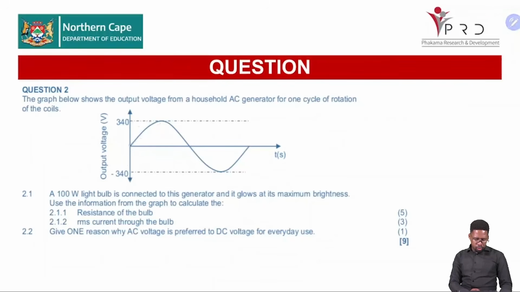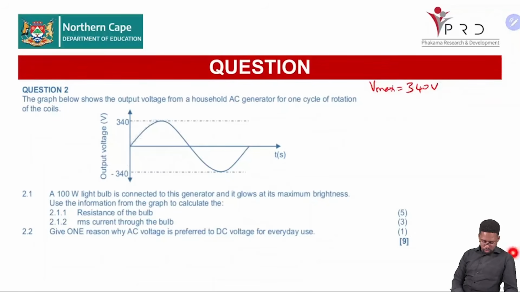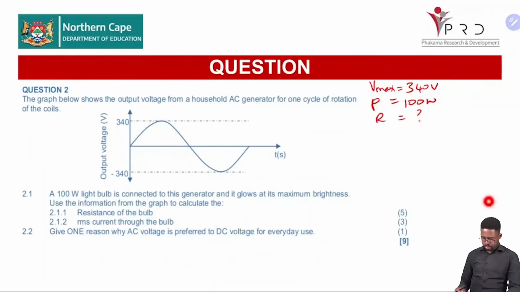But this output voltage reaches maximum state, which is 340 volts. So we can agree that here we're having what you call Vmax, which is 340 volts. We're given power, which is 100 watts. The question wants the resistance.